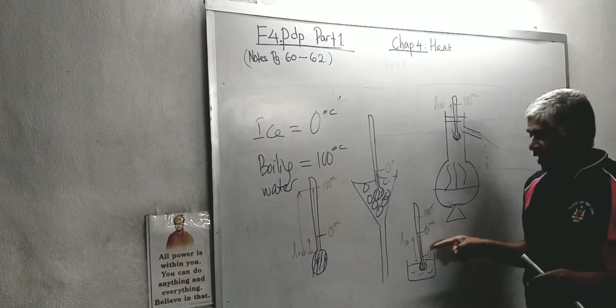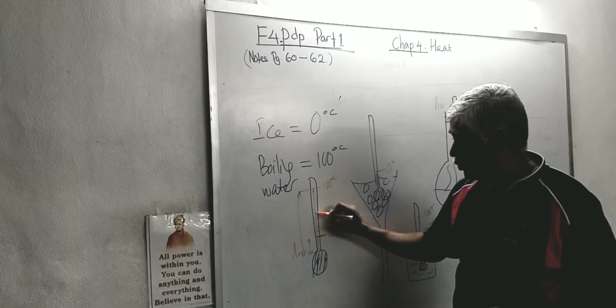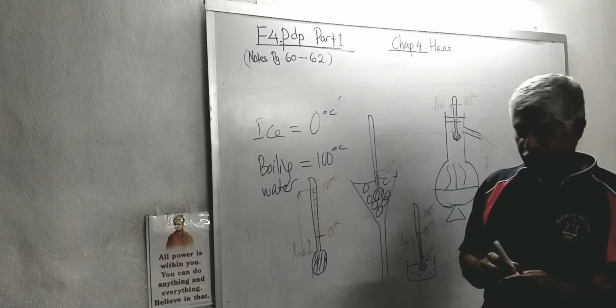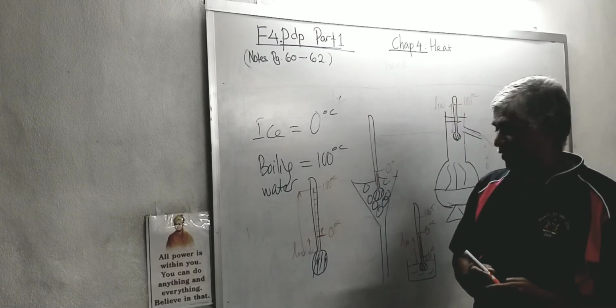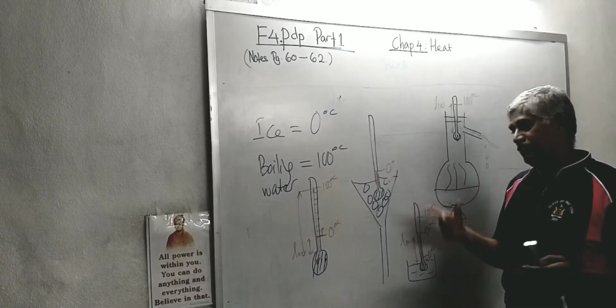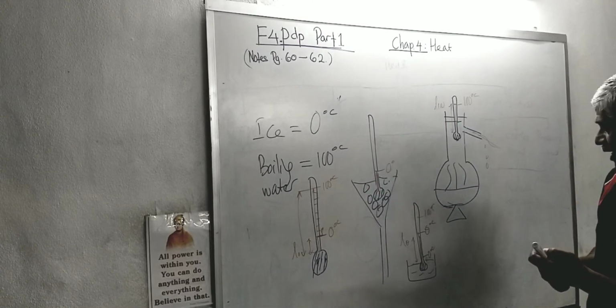So now I have to make the scale already. That means from here to here I have to divide equally into 100 segments. So each segment will stand for 1 degree Celsius. So how to mark them equally? We use the calibration.